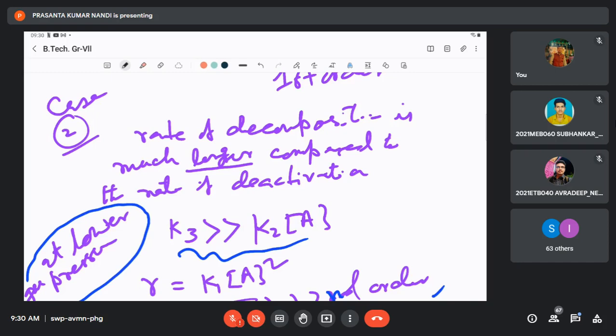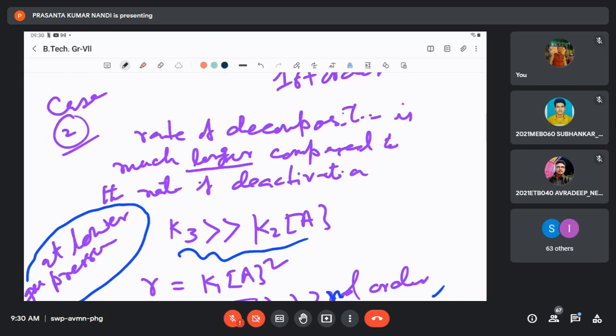In that case, we can expect that the activated species will have a greater chance for decomposition, that is, the reaction channel can proceed rather than deactivation.